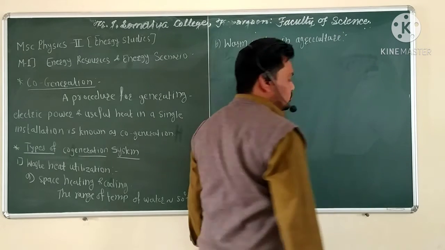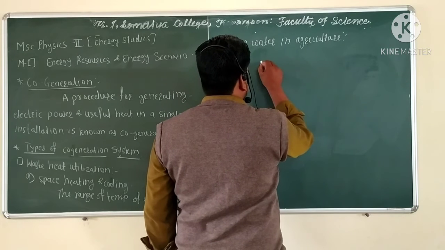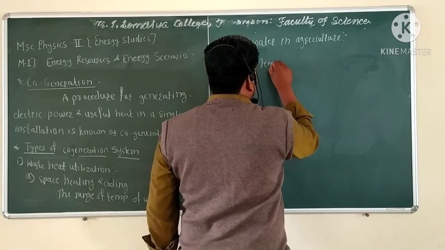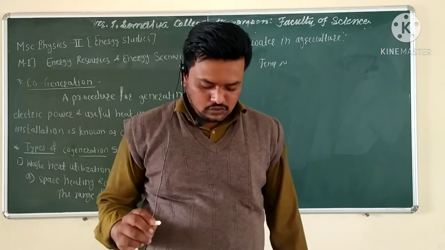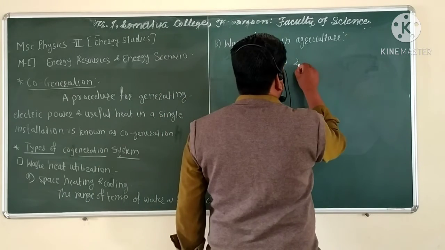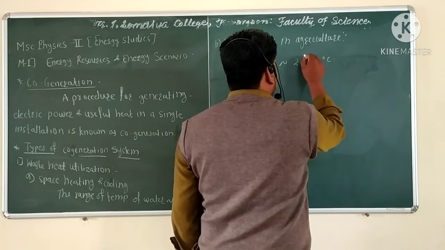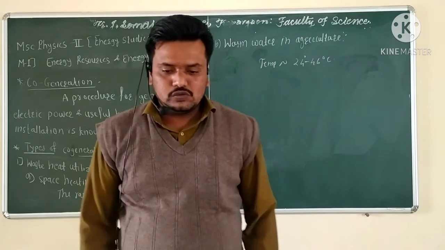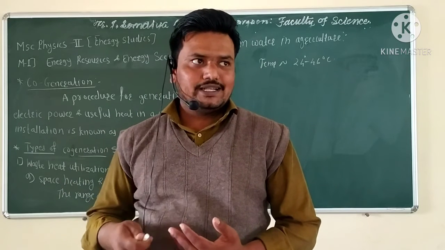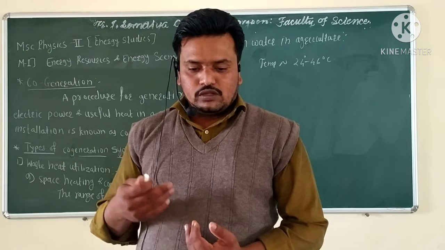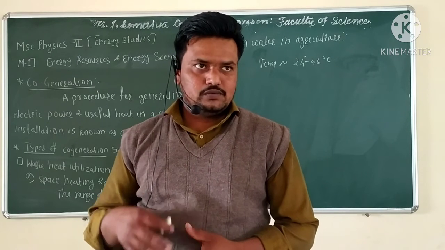This warm water in agriculture has a temperature range of nearly 24 to 46 degrees Celsius. Water at 24 to 46 degrees Celsius can be used for heating a greenhouse, soil warming, or extending the growing season of trees or vegetables.